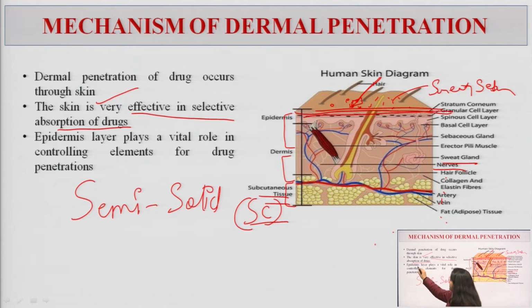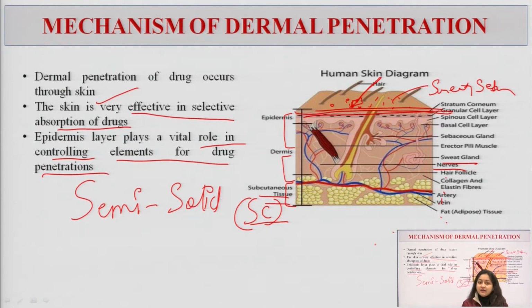Then the epidermis layer plays a vital role in controlling elements for the drug penetration or the dermal penetration. Just now I have said that the skin knows what to select and what not to select. So, which part of the skin plays an important role in selecting the ingredient? That part is nothing but your epidermis layer.